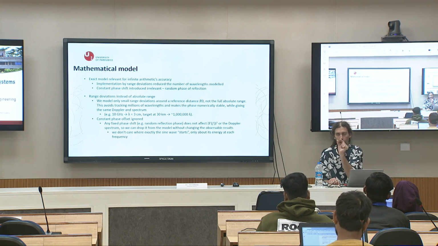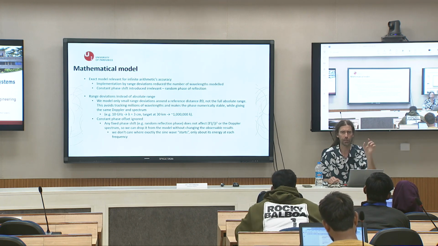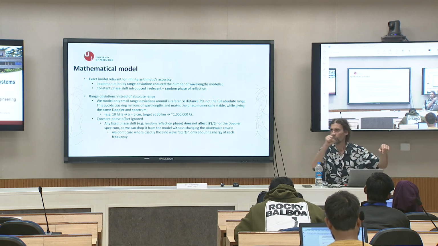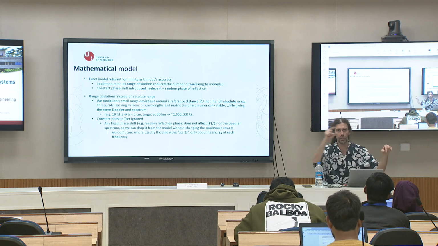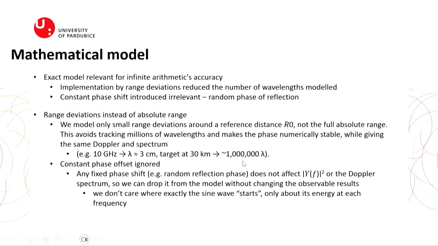And phase, if I compute just the difference phase between elements, then there will be some small difference. But if I compute always from PRS, the whole signal, reflection, Doppler and back, and so on, then if I use central frequency 10 GHz, lambda is 3 cm, target is at 30 kilometers, I have approximately 1 million wavelengths that I need to compute.